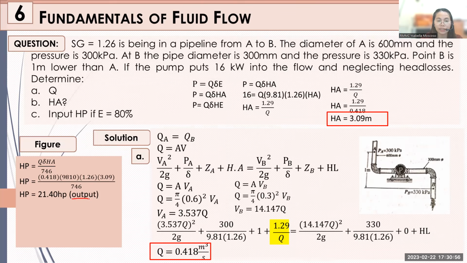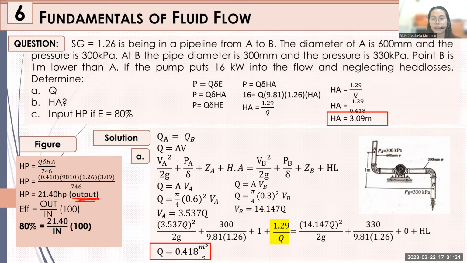And take note, I put here output. Why output? Because when we use a pump in your pipe system, the power that it gives is an output power, the pump output. Okay? So when you get the efficiency of this, that is output over input times 100.